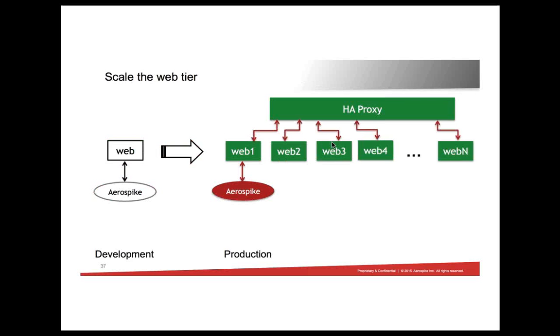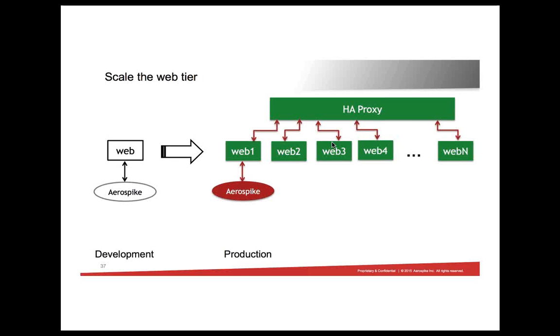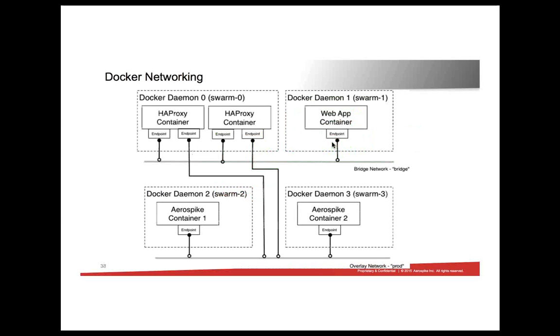Essentially, we'll start off with a single node behind HAProxy, and then we'll scale up our web tier to add more web nodes in order to deal with the incoming traffic. At this stage we need to talk about networking in Docker.